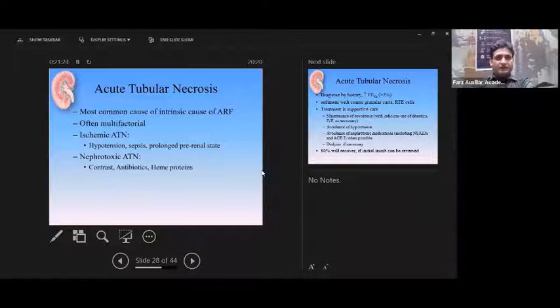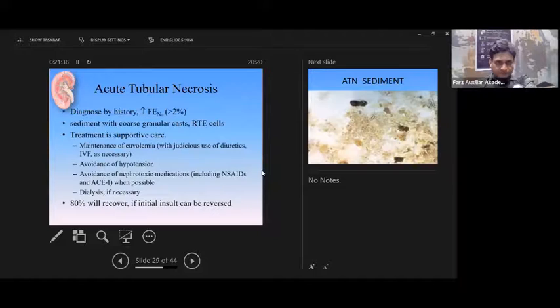Ischemic ATN you generally see in hypotension, sepsis, or prolonged prerenal AKI, or we can say toxic ATN: contrast-induced nephropathy, antibiotics, and heme proteins. For diagnosis, I discussed that we have to do fractional excretion of sodium, and during routine urine examination we see muddy brown casts or reticular cells in the urine.